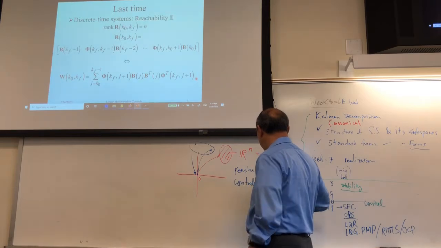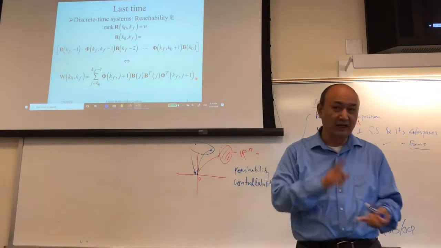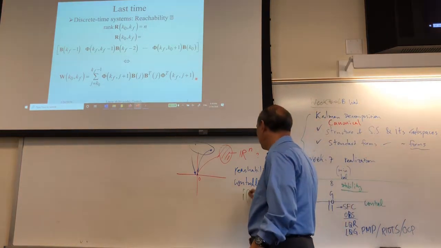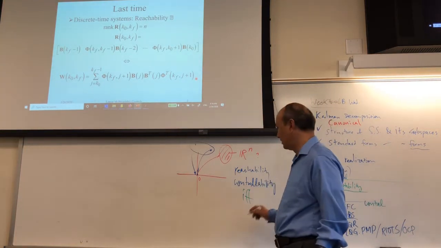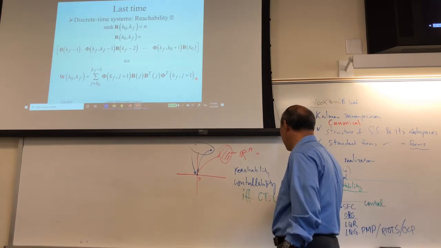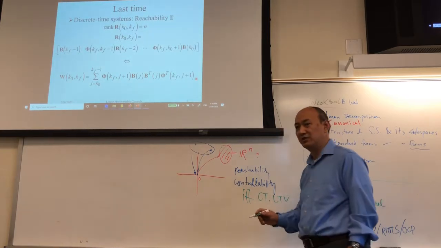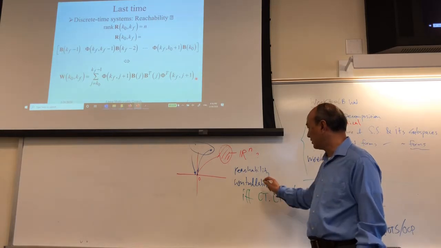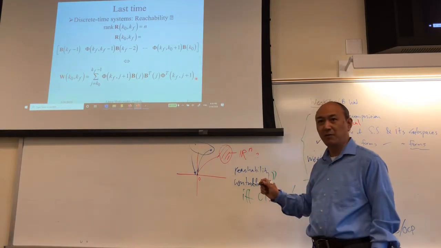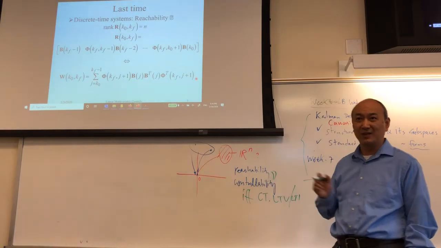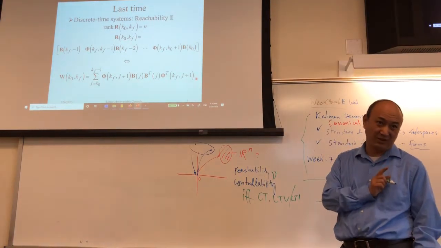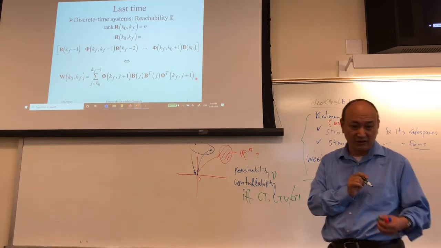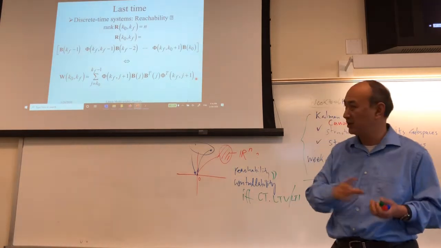I agree with you, if it is a continuous time LTI or LTV system. So these are the same. However, for discrete time system, this could be different. So that's why you don't hear reachability very often.